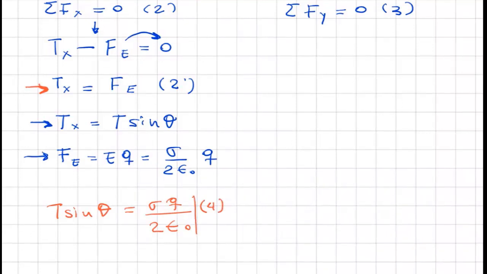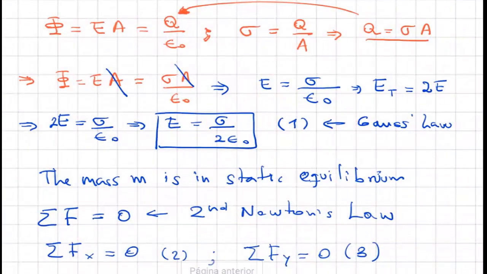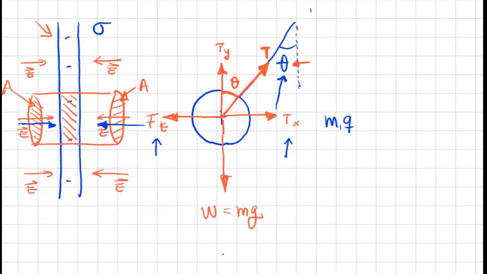That's equation number 4. We do the same with the other equation: the total force along the y-axis is 0. If we go to the illustration, what forces do we have?